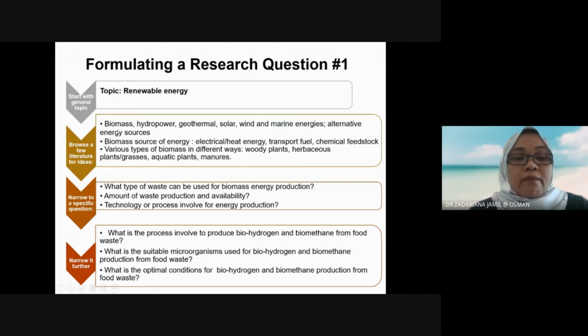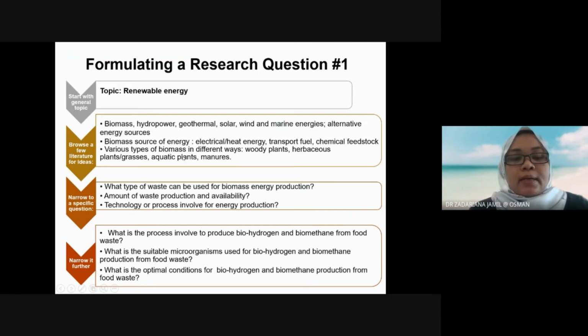You can read about biomass, hydropower, geothermal, solar, wind, marine energies, and other alternative energy sources.